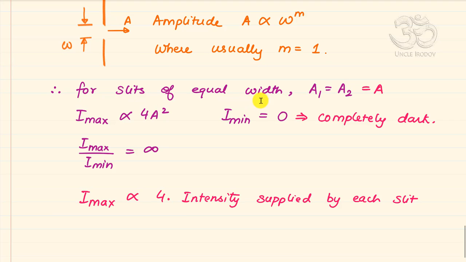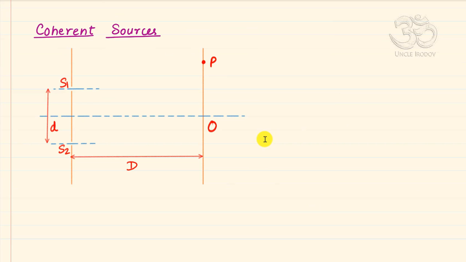Then if each slit sends out an amplitude A, each slit sends out an intensity that is proportional to A square. And so I can write, instead of A square, intensity supplied by each slit. So the maximum intensity will be 4 times of that, and the minimum intensity will be 0. So the next thing that we have to talk about, people, is about something called the coherent sources.